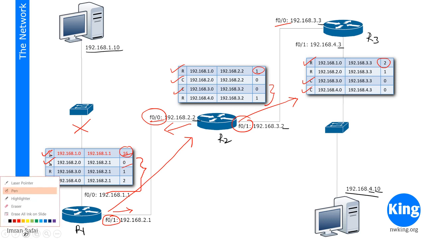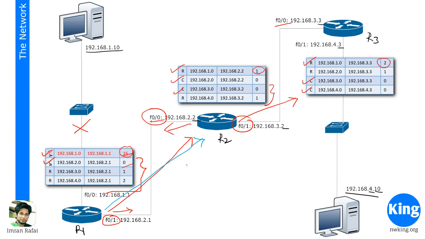So I'm going to change the color for the triggered update. This is going to be blue. It sends a triggered update to router 2 and tells it network 192.168.1.0 is accessible with a hop count of 16, which means it is inaccessible, right? This is called route poisoning.